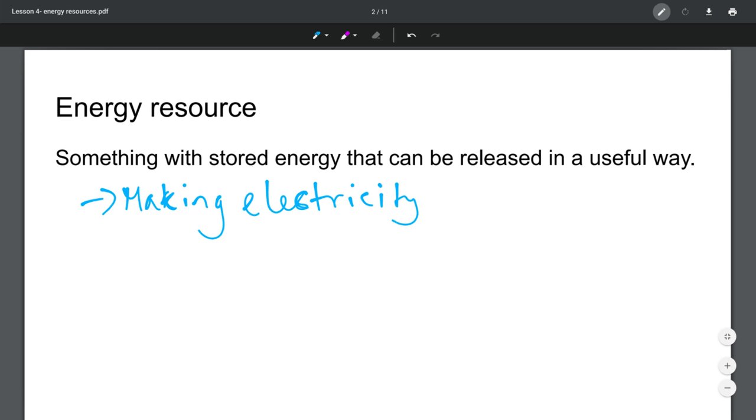So, making electricity. You use it all the time, I'm sure: charging your phone, watching television, switching on a light, heating your home. You're very familiar with what we use electricity for. You may not know how it's made, and that's what I'm going to talk about in a minute. It doesn't have to be making electricity, though.